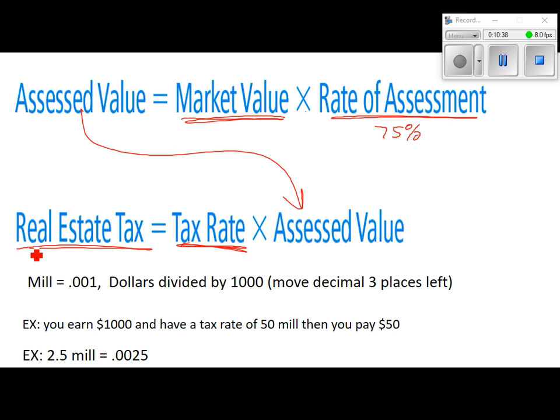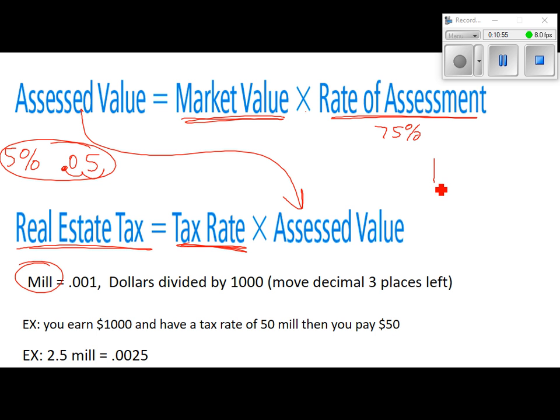Remember that for percents, you bump the decimal. So if you have 5%, you bump the decimal 2 places to the left for percents. For mills, you bump it 3 places to the left.